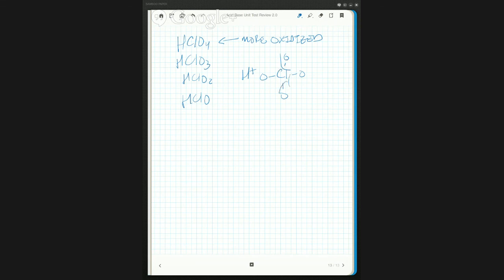Because oxygen is more electronegative than chlorine, not by much though, it's pulling this way, which means it's easier for the H+ to pop off. That's why the fewer oxygens are on the outside, the more strongly that oxygen can hold on to that H, okay?